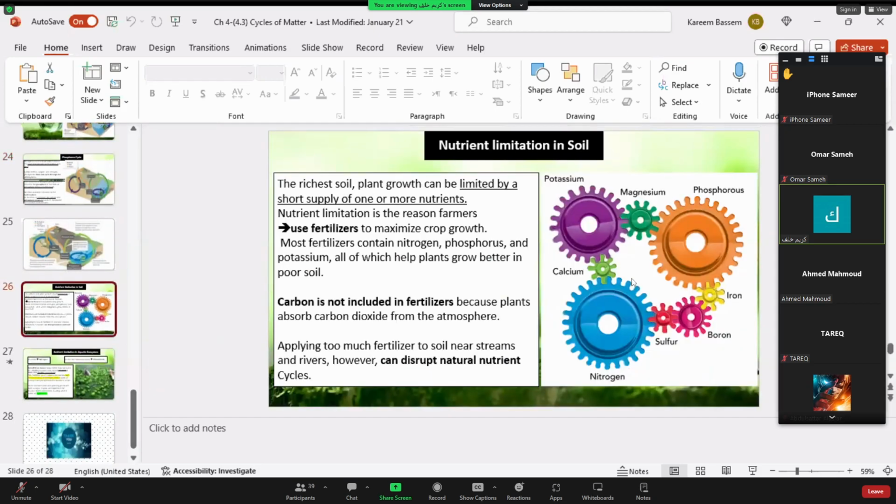We have to consider what is called nutrient limitation in soil. When there are excess nutrients in the soil, this could be harmful. This is why fertilizers are added by farmers to enrich the poor soil.